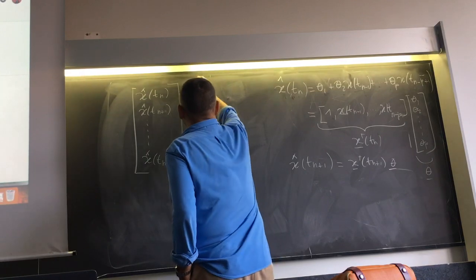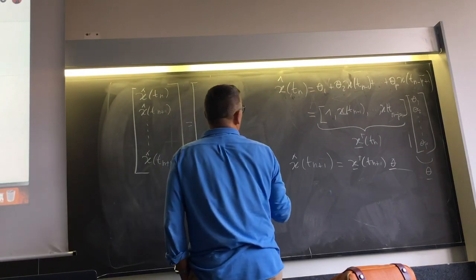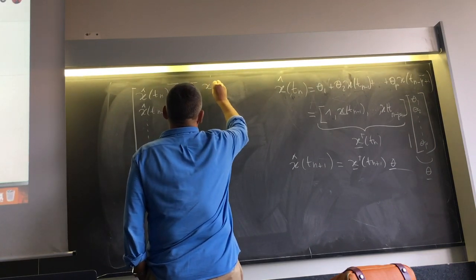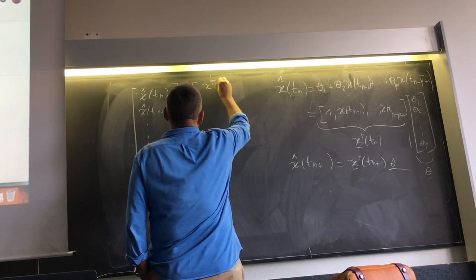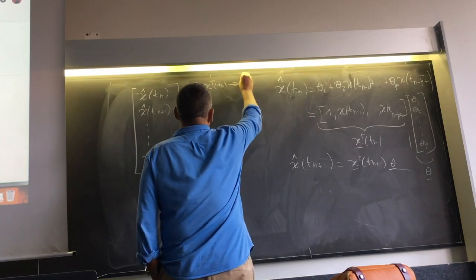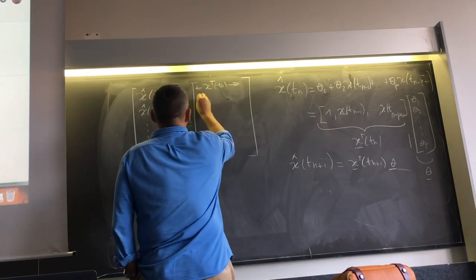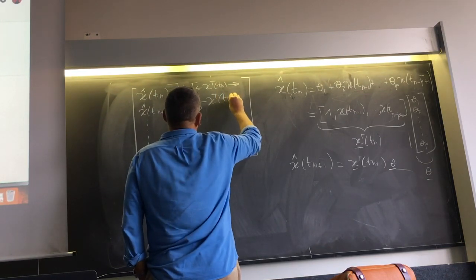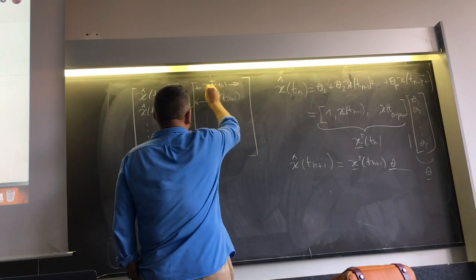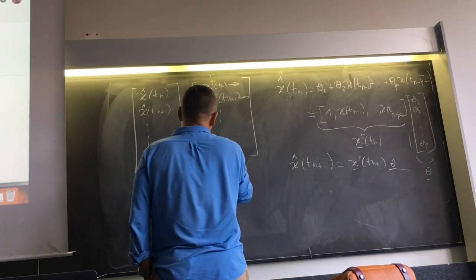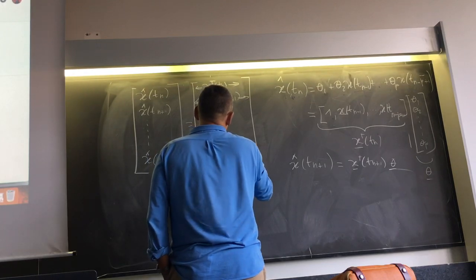This predicted value is equal to, by choosing a set of vectors, x vector Tn, which is a row vector. Then the second one, x transpose Tn plus 1, and so on, and then I have x Tn plus n.